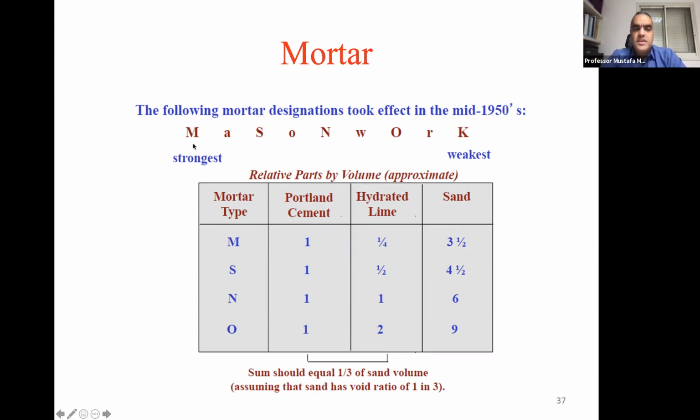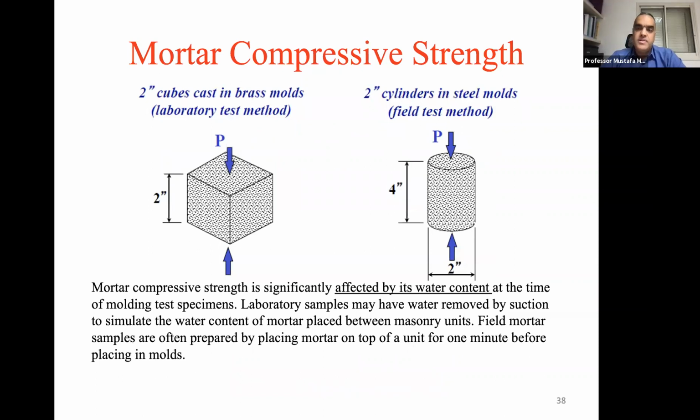So here you see the mortar types, right? The capital letters indicate the different types of mortar. So we have M, S, N, O, and K. M is the strongest and K is the weakest. And as I said before, for structural applications, we use M, S, and N. We have to have a certain compressive strength for the masonry, of course.